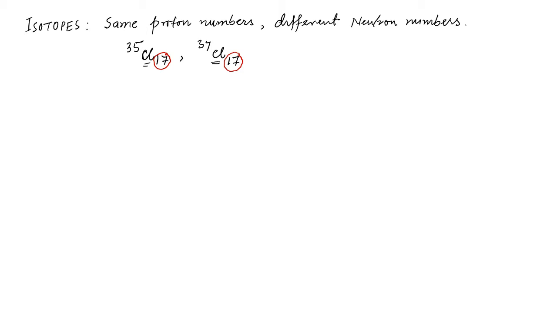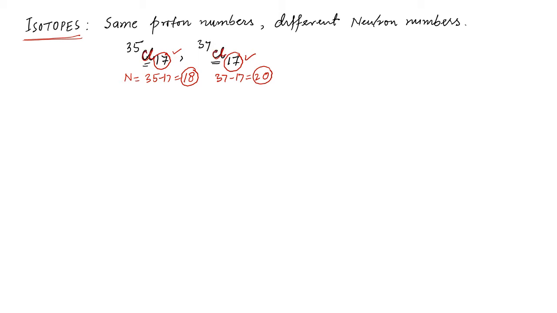But the neutron number in this case is 35 minus 17, which is 18, and for this case 37 minus 17, which is 20. So the neutron number is different, but the proton number is the same. Such nuclei are called isotopes. So these two are the isotopes of chlorine.